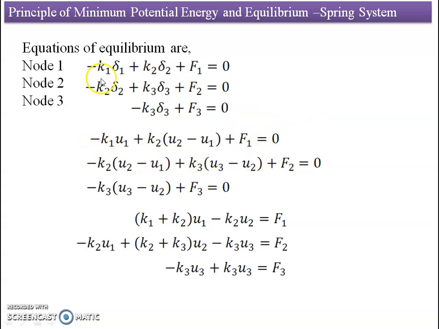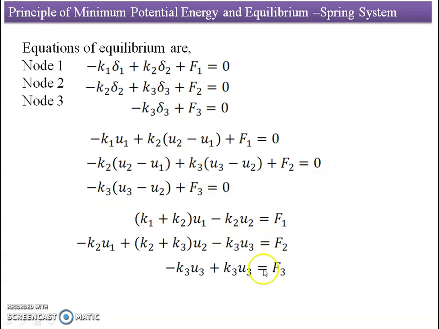That's why we rewrite the equation as K1 U1 plus K2, where delta 2 is nothing but U2 minus U1, which we call the resultant displacement, plus F1. Similarly we can write the second equation, substituting the delta 2 value: it will be U2 minus U1 plus U3 minus U2 plus F2. Similarly for the third equation, U3 minus U2, that is the delta 3 value, plus F3 equals 0.